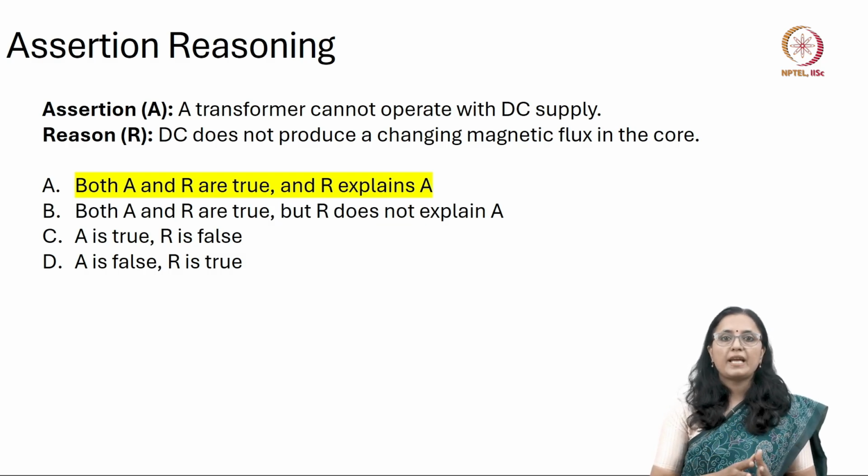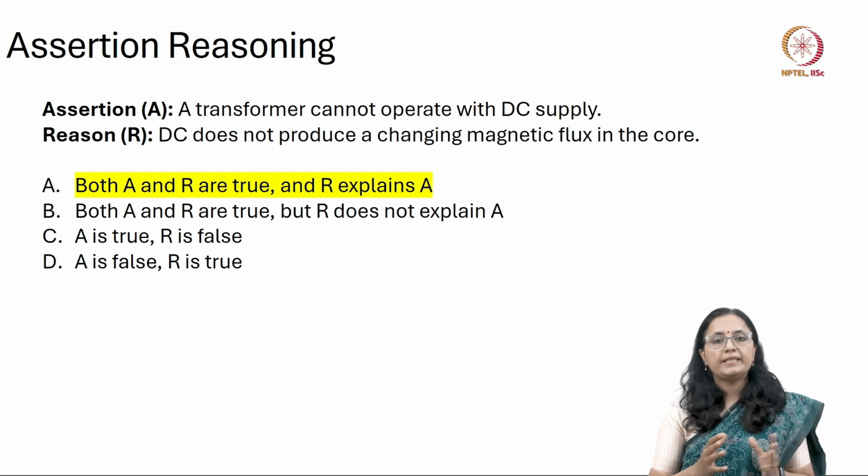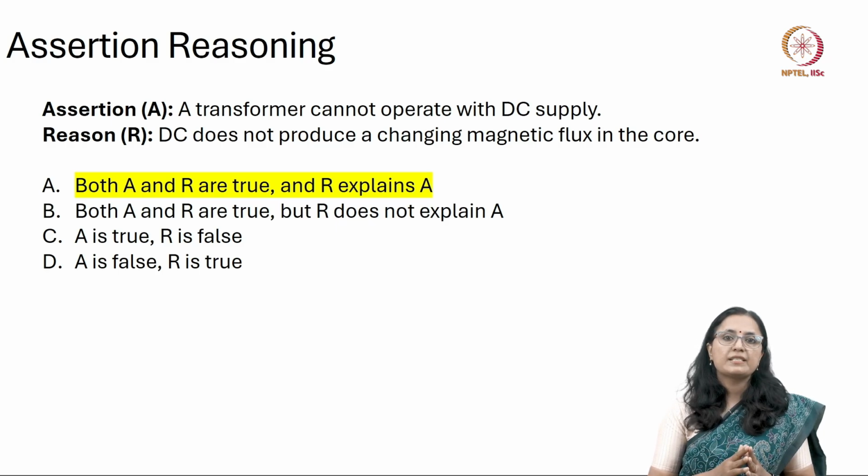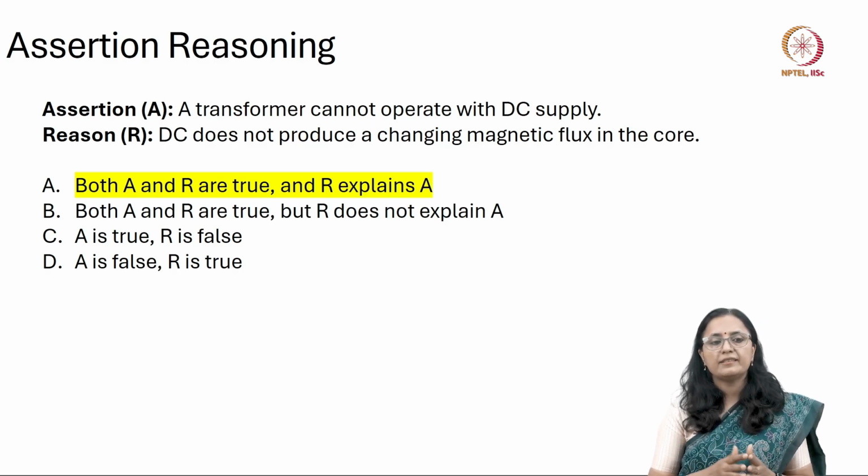Here, the more challenging aspect is to identify the assertion and the reason, and especially in all engineering subjects, we will have plenty of assertions and reasons. I think this kind of form gives us that opportunity to assess analytical ability and at the same time minimize our effort in designing distractors.